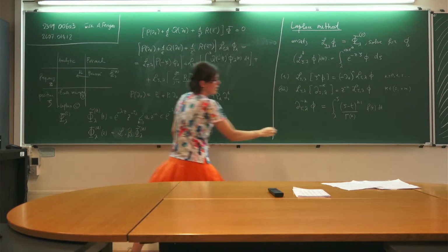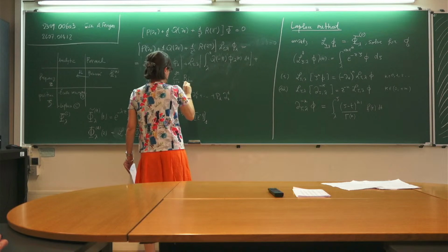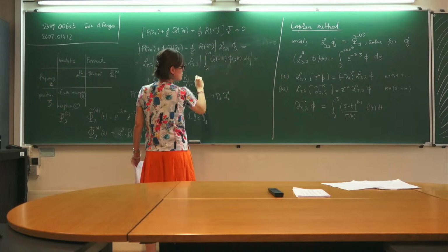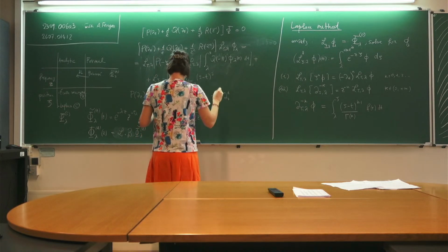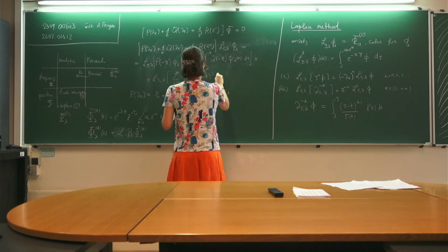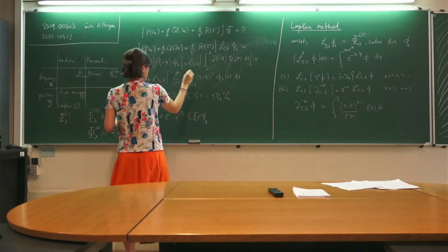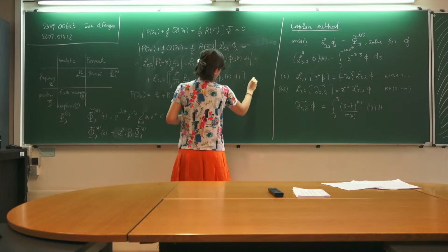Now this gamma factor will contribute, and in fact you will get a gamma j plus 1 and a zeta minus t to the j. And then phi lambda of t. And of course an integral.